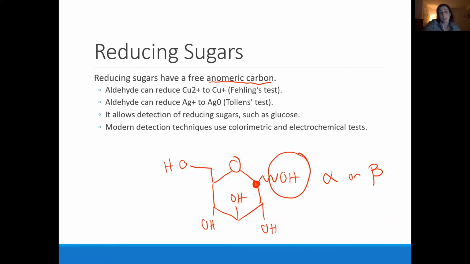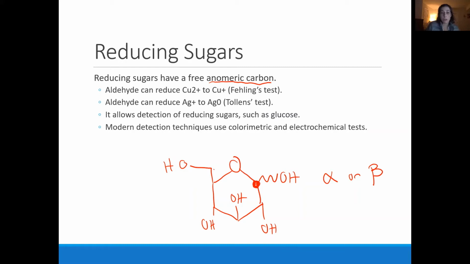Now, when we start linking together sugars, which we'll talk about in the next section, you'll see that this anomeric carbon, this OH group, is responsible for participating in the linking of sugars together. If this OH on the anomeric carbon is free, meaning it does not have any bonds to it, if it looks like I have drawn it right now, where it is free, we call this a reducing sugar.